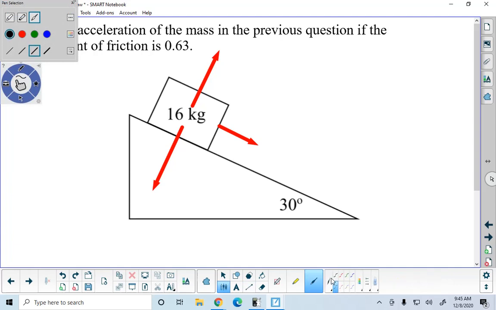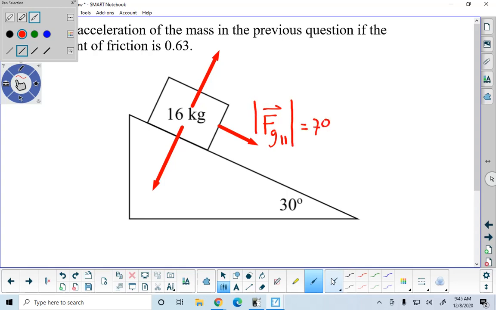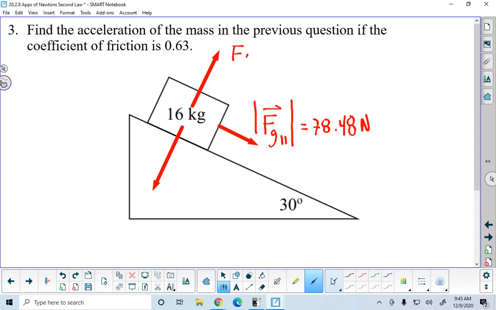So I'm going to put in that we have Fg parallel, which has a magnitude of 78.48 newtons. We also have a normal force. We also have a gravitational force component that's perpendicular. And we have a force of friction. Let's calculate the force of friction.